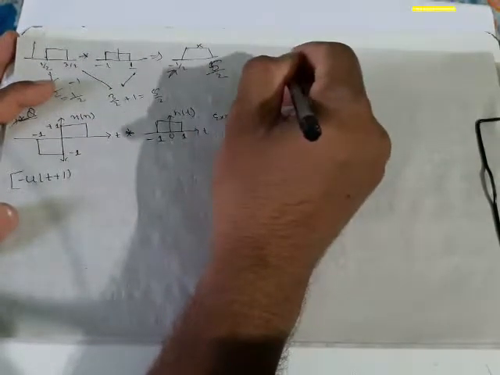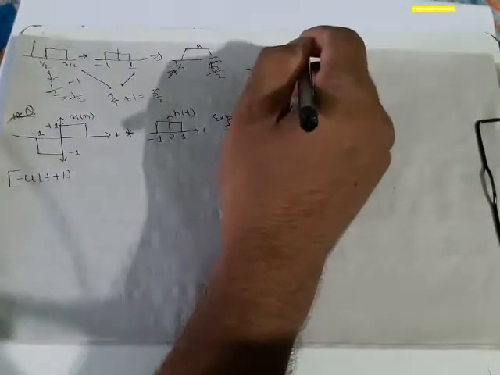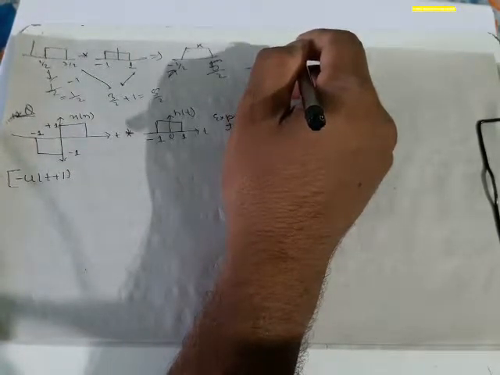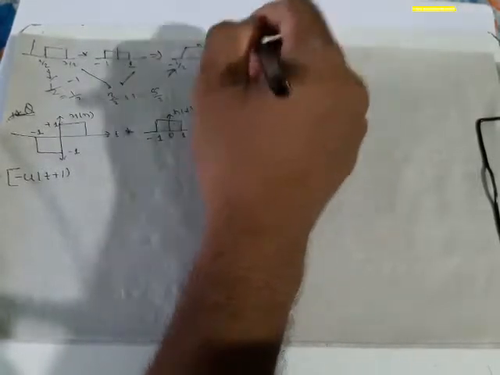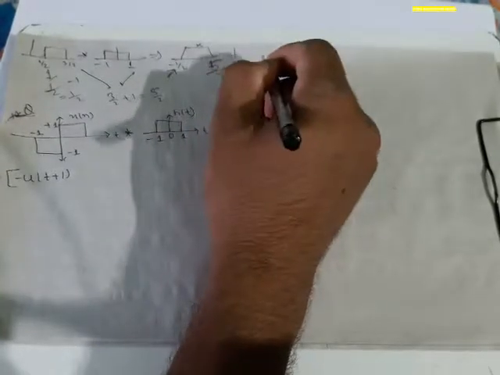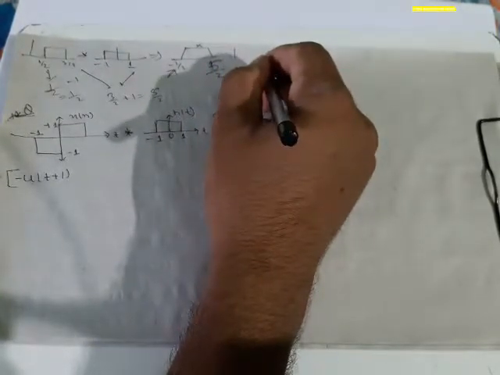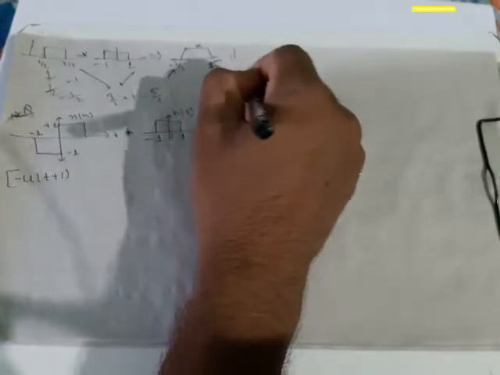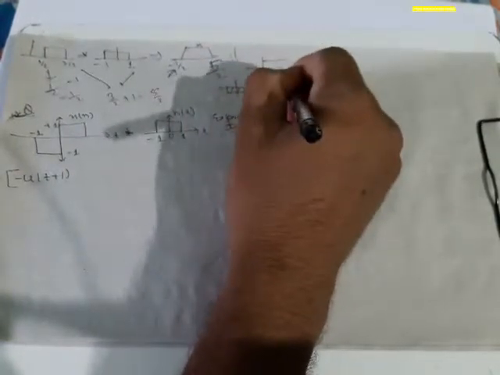For the second one we will get 2 r of t plus 1. For the third one we will get minus r of t. For the fourth one, we will get r of t. For the fifth one, we will get minus 2 into r of t minus 1.